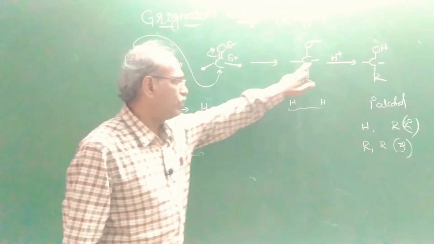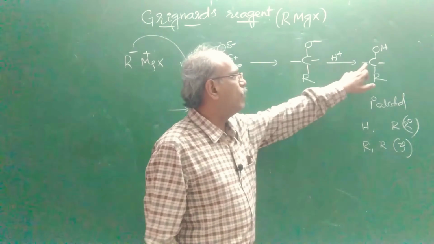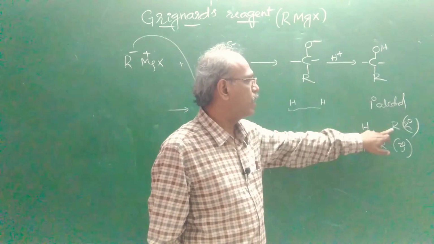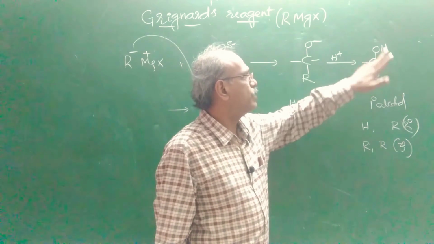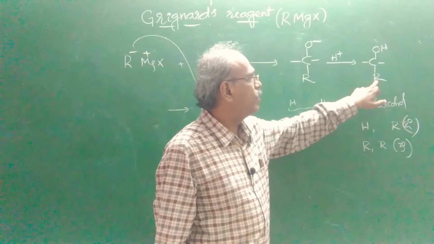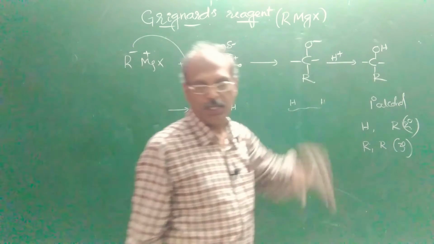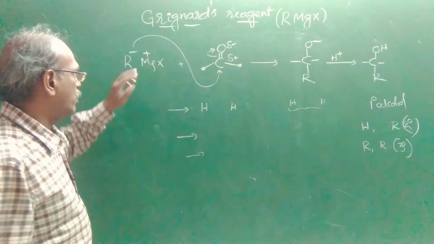Just to substitute the values: if both are hydrogens, primary alcohol. If one is hydrogen and another one is alkyl, R R CHOH, secondary alcohol. If both are alkyl, since one alkyl is already there, we get tertiary alcohol. In that way this behaves towards the carbonyl group.